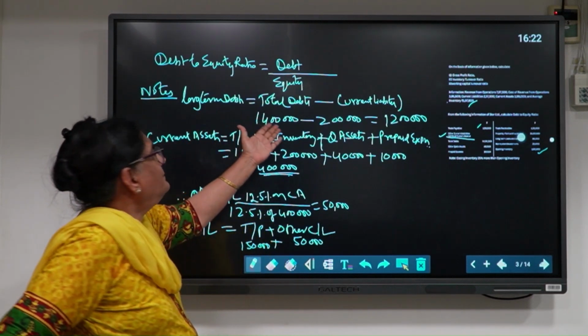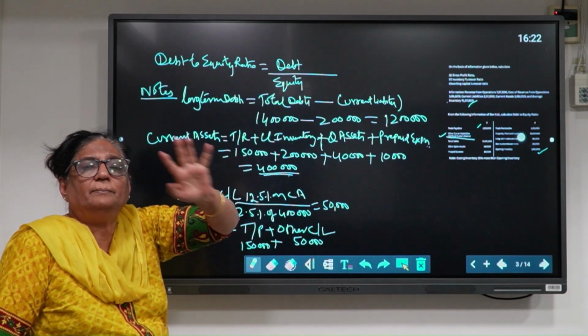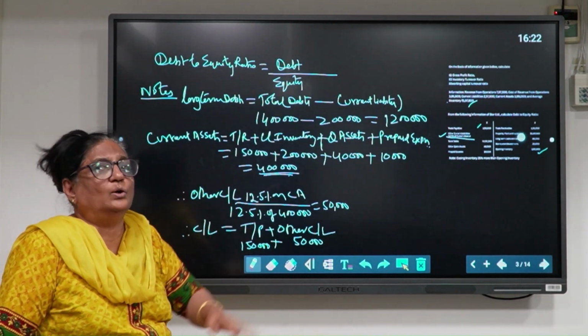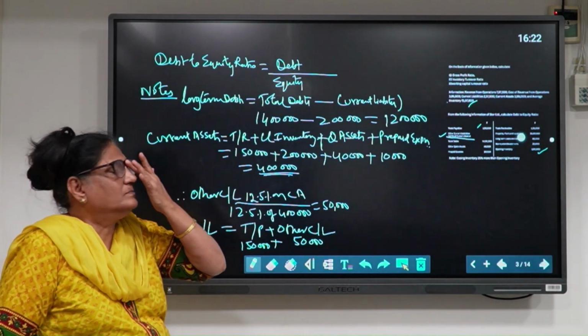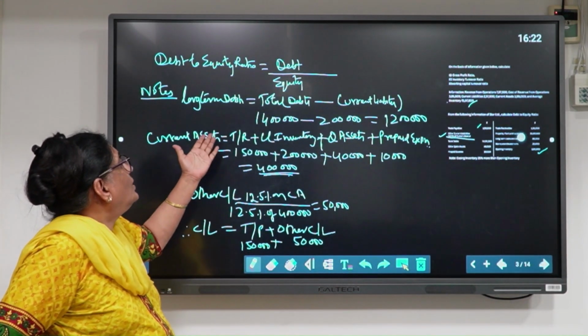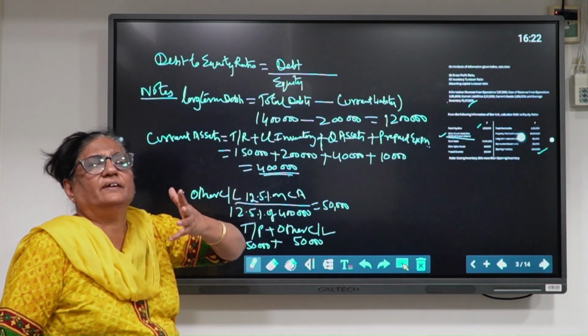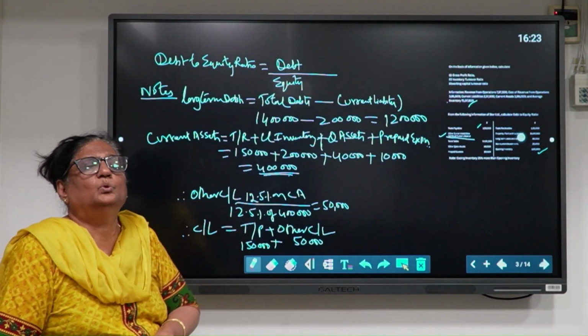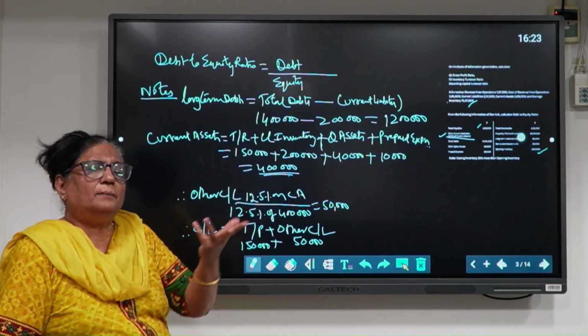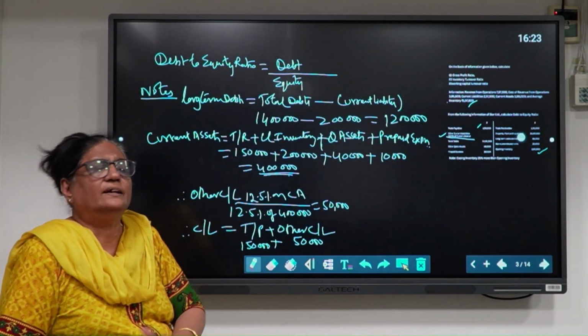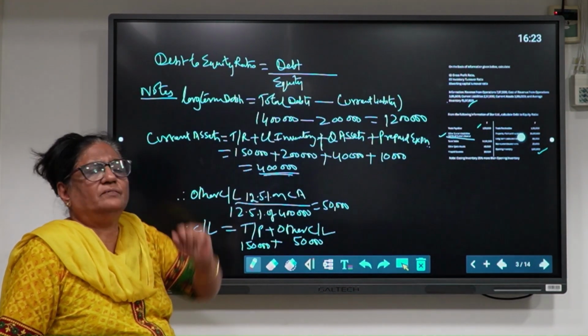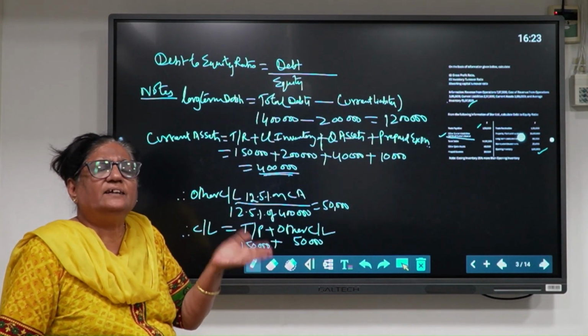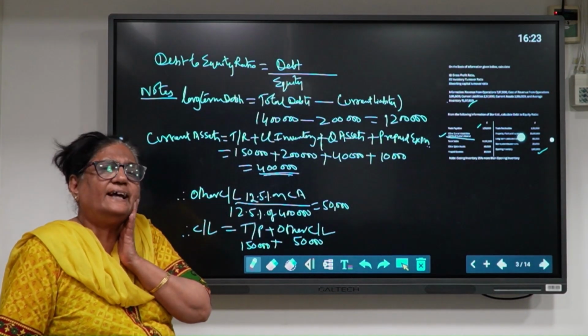See, once again I'll explain. You are getting 12 lakhs as your debt for debt to equity. So long-term debts will be debentures and bank loan, for a longer period. Next, they have told total debts are given. The total debts include your current liability, so please remove that current liability. Only trade payable was given, and one hint: other current liability is 12.5% of current assets.